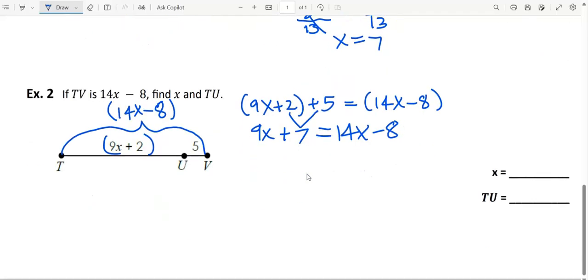Now, like we said earlier, which x do I get rid of since they're on both sides? The smaller x is 9x. Let's subtract 9x from both sides. Bring down 7. 14 minus 9 is 5. Bring down minus 8.